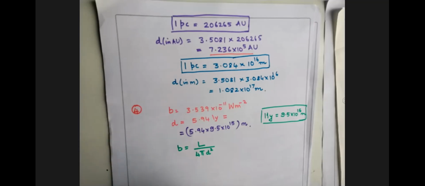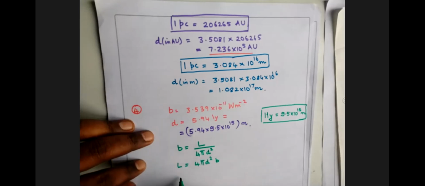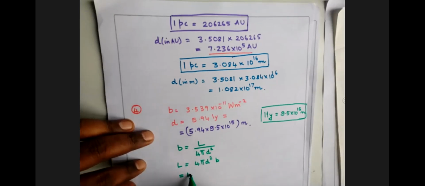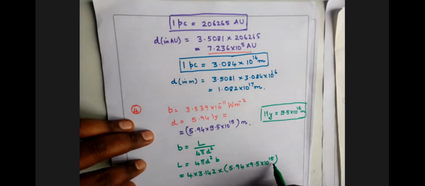Our luminosity is equal to 4 pi d square into B. Now substitute the values. 4 into 3.142 into distance 5.94 into 9.5 into 10 to the power of 15 whole square into the brightness given is 3.539 into 10 to the power of minus 11.